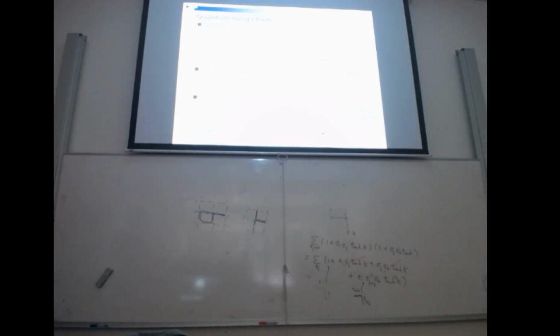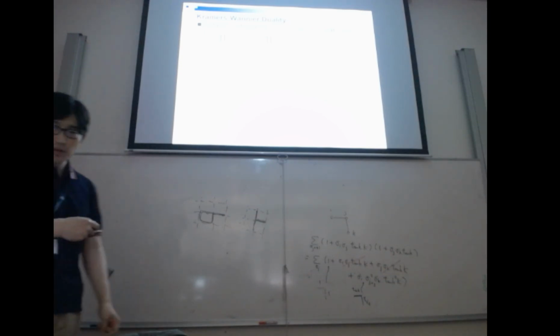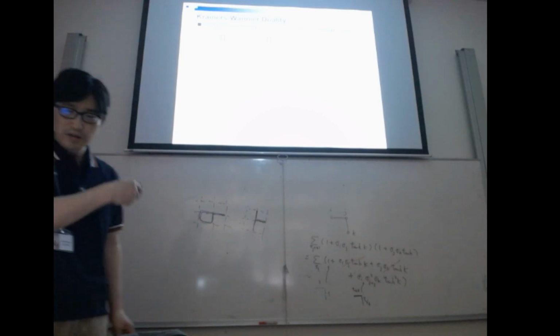But again, you can pin down this critical point using the duality. And here's the quantum version of the duality. And you can think of duality as a unitary transformation. And this U and V are unitary transformations defined like this.